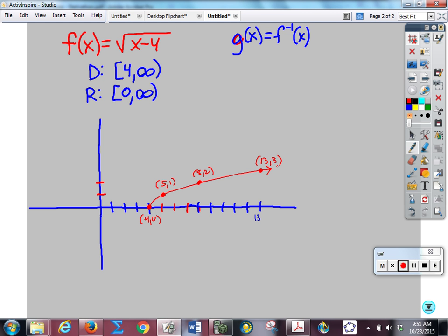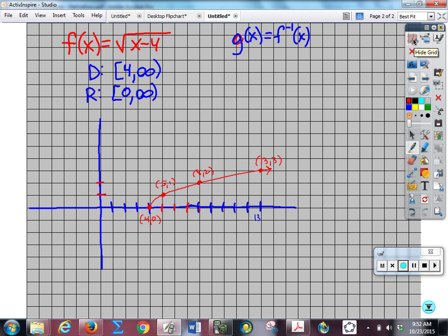It's a parabola, but it's only part of a parabola, right? Because it has to be exactly the same. What about the picture of it? Geometrically, what does it look like compared to that one? But what's the relationship? How can I start plotting some points without even finding it?